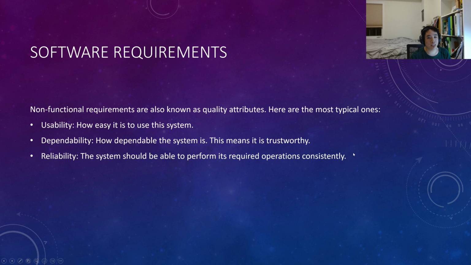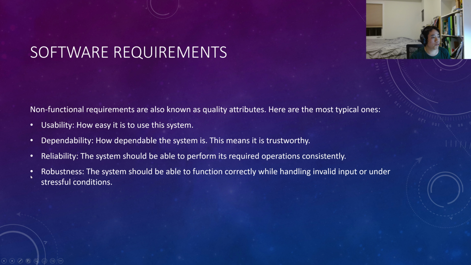Can I trust it to keep doing its stuff no matter when I tell it to? Robustness is how strong it is, or maybe how tanky it is, and how well it handles invalid input or stressful conditions.